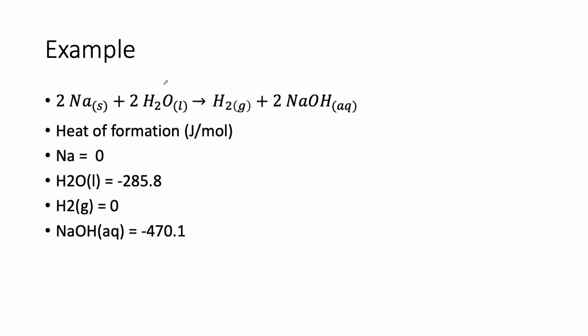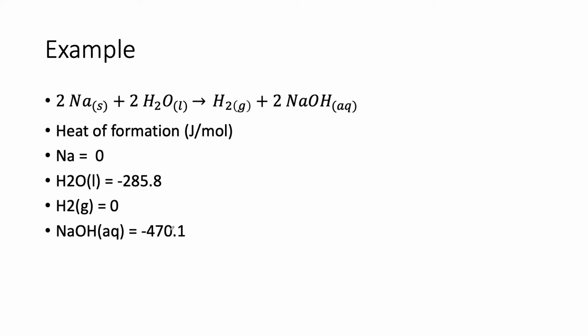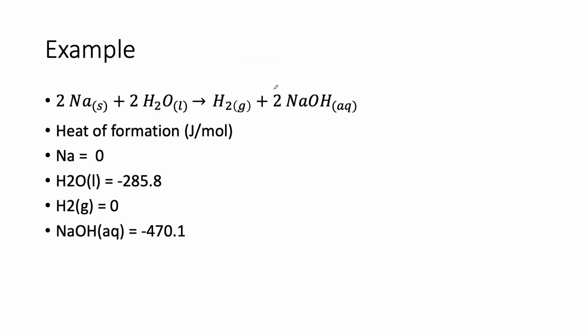So when we look at this, I'm going to go back and forth. The heat of reaction is equal to H2, which is 0. So 2 times 0 is 0. Plus NaOH, that's minus 470.1, and we're going to multiply that by 2.